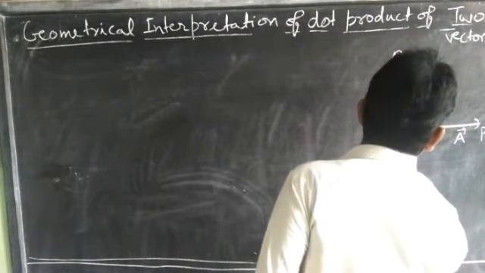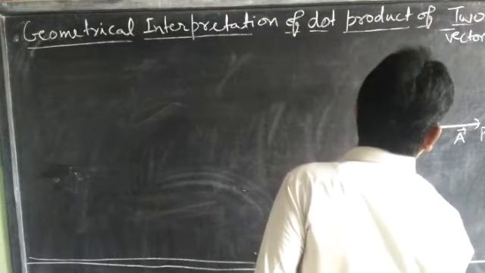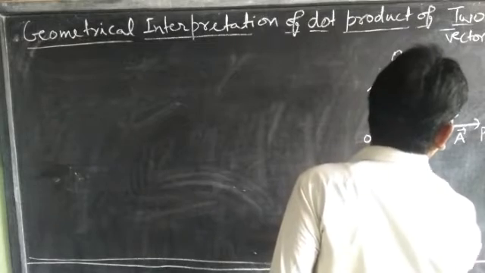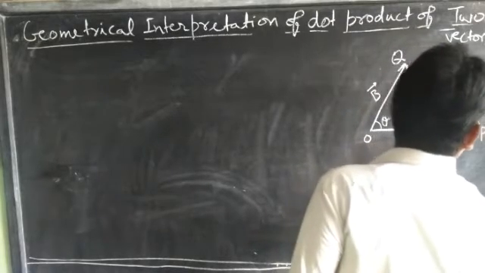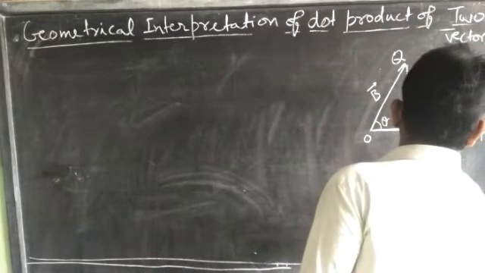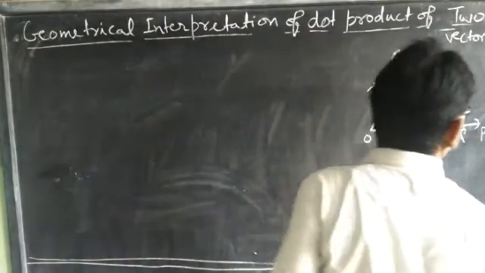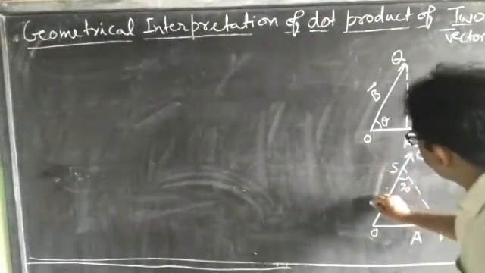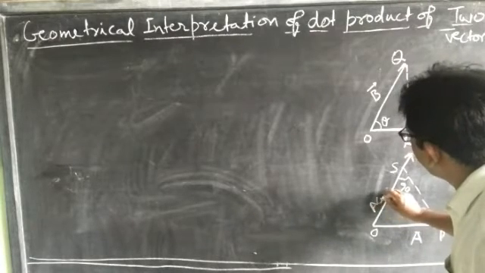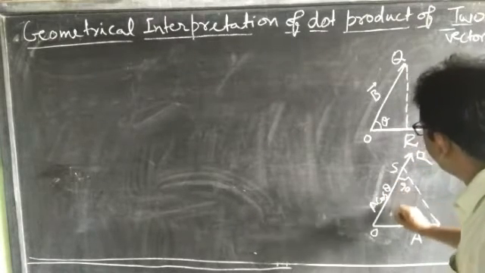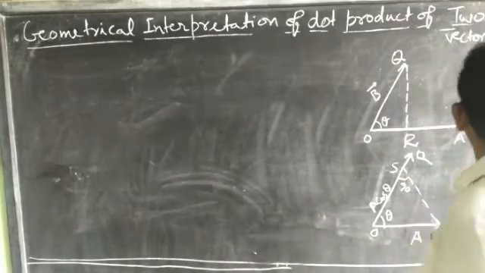This is 90 degrees, and this represents Q. This is vector A, and this is A cos theta, and this is angle theta.